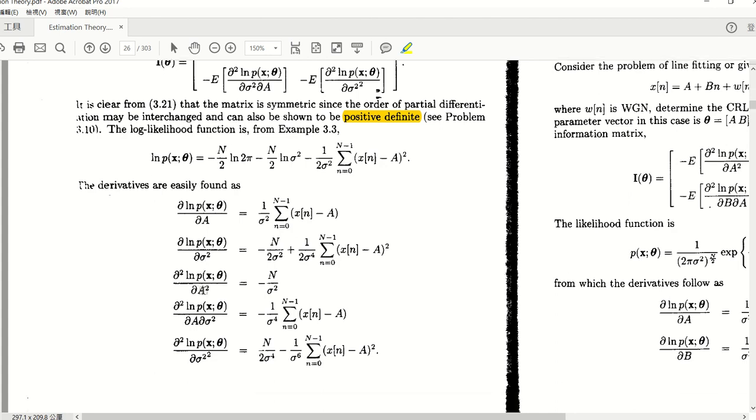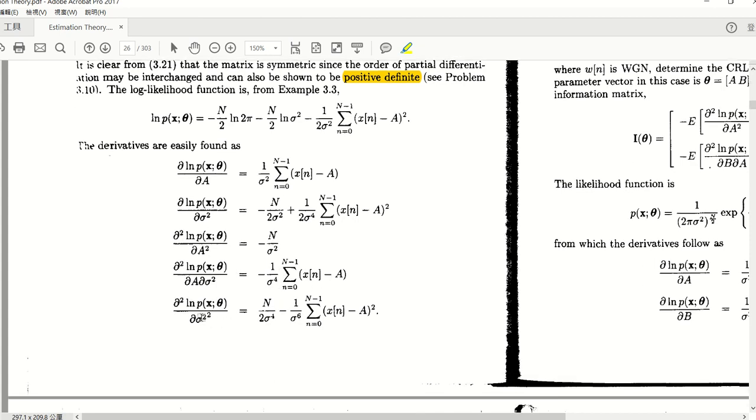Then you want to do the second time, you do this the second time. So you do this with respect to A, you get this. And then you want to get partial A and partial sigma square. So you take this, you do it with respect to A, and you get this. And then you want to get partial sigma square twice. So you take this, you do it with respect to sigma square one more time, you get this.